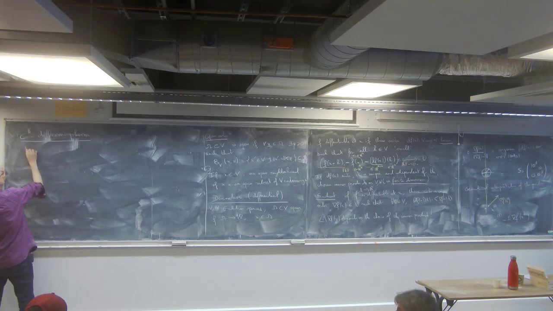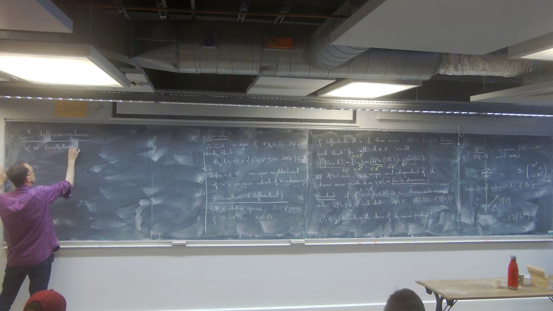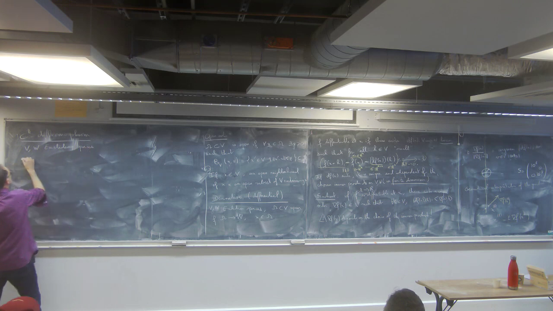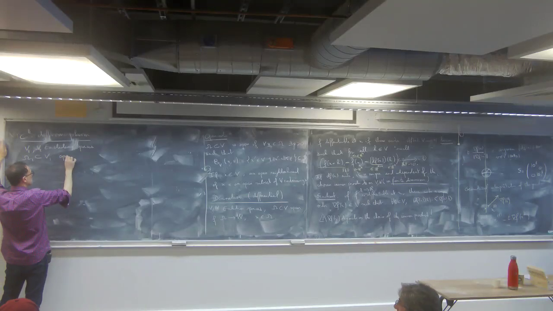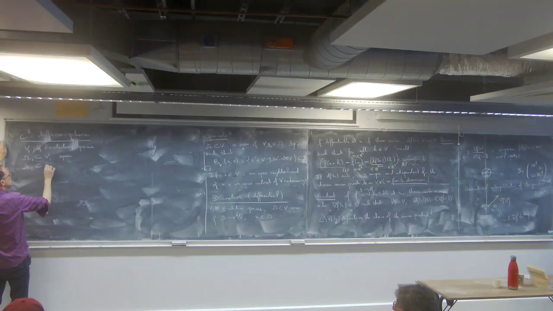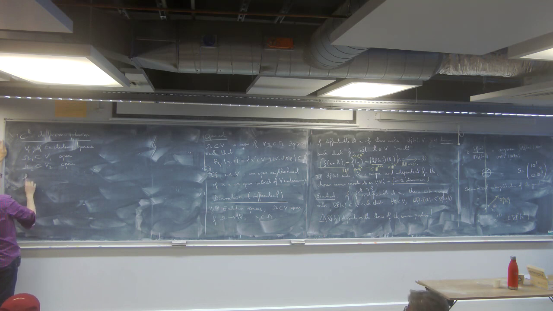I take V1, V2 Euclidean spaces, Omega 1 included in V1 open, and Omega 2 included in V2 also open. And then phi from Omega 1 to Omega 2.